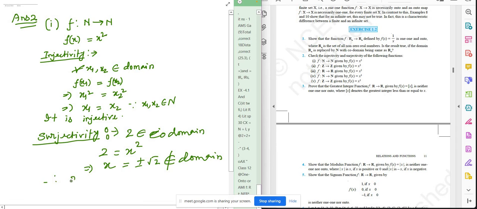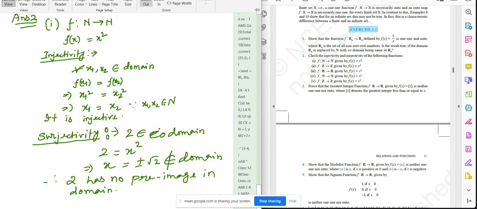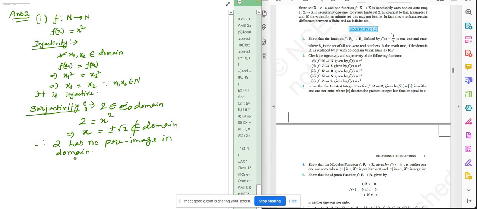Therefore, 2 has no preimage in domain. If any one element has no preimage in domain, then we can say that f is not surjective.